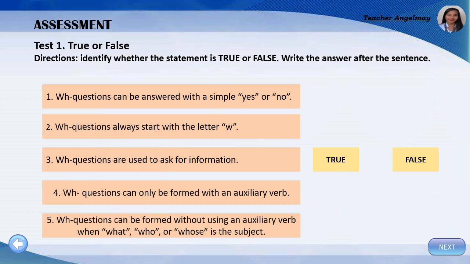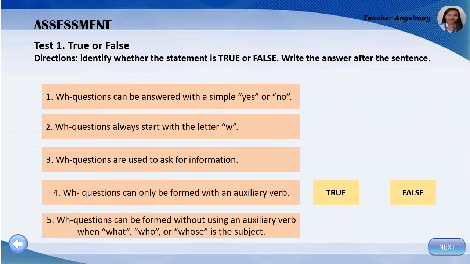Next number. WH questions are used to ask for information. What is the answer? The answer is true. Next question. WH questions can only be formed with an auxiliary verb. What is the answer?